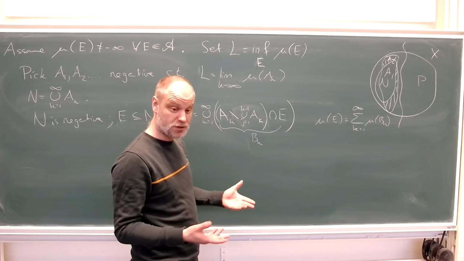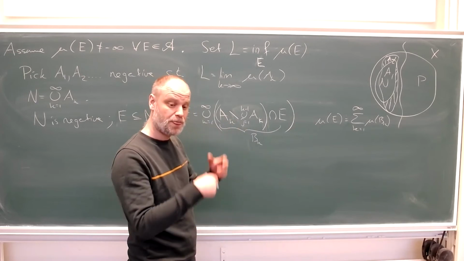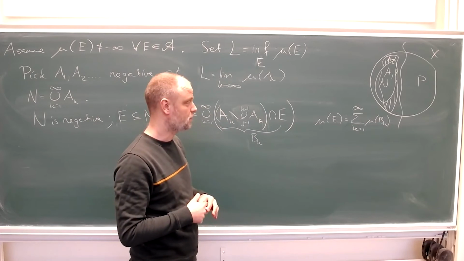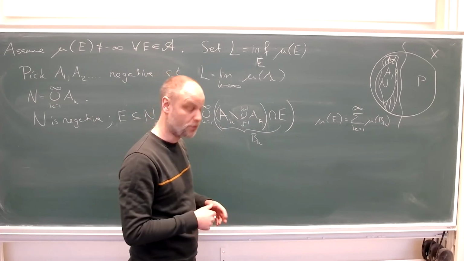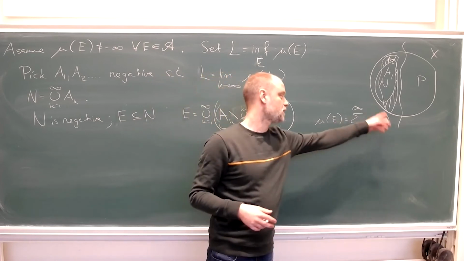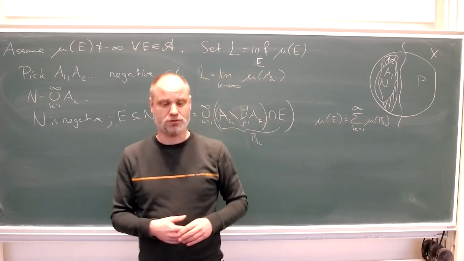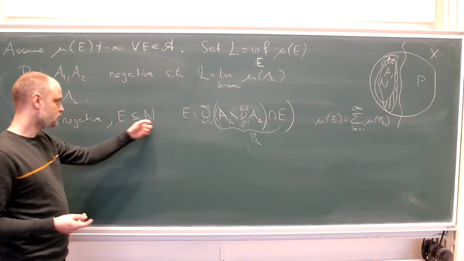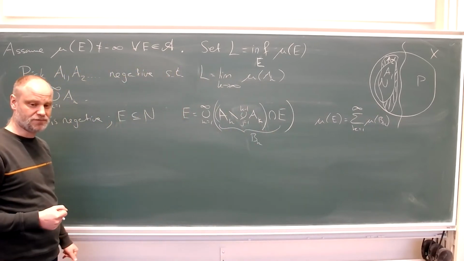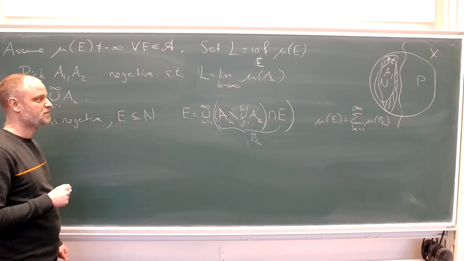As such, because the AKs are negative, it must have measure less than or equal to 0. And then this infinite sum has measure less than or equal to 0. So E then has measure less than or equal to 0, so N is negative.